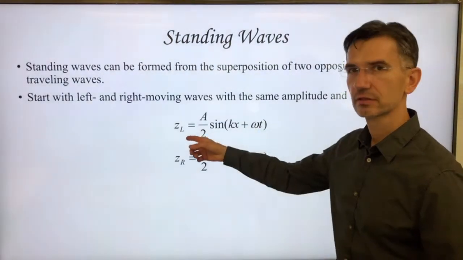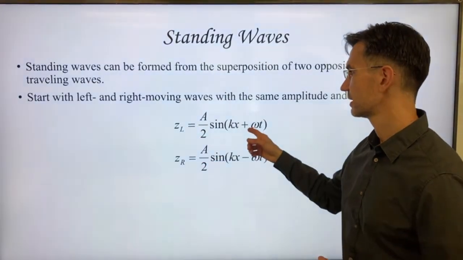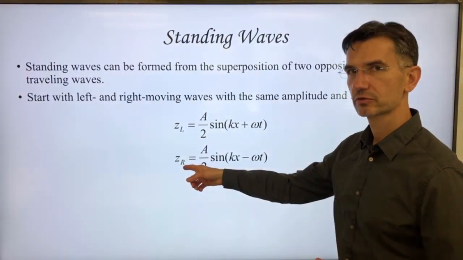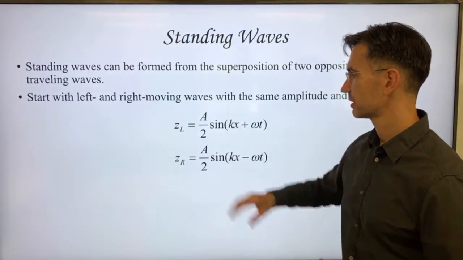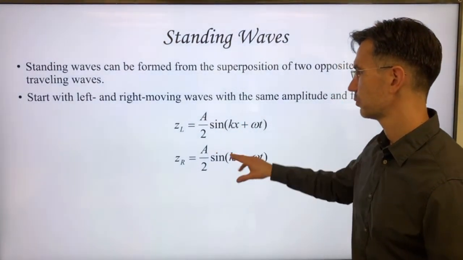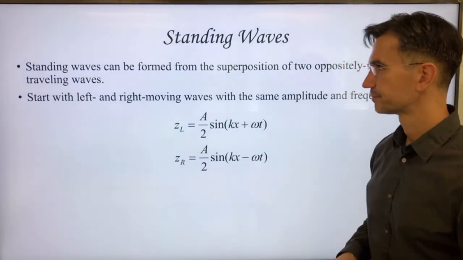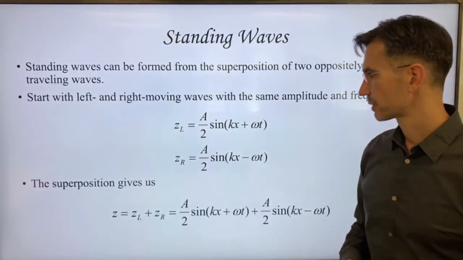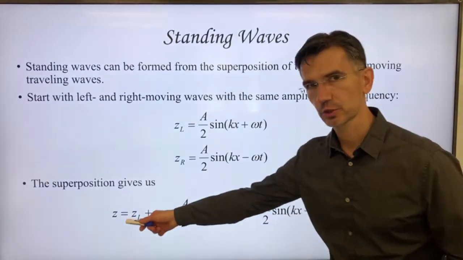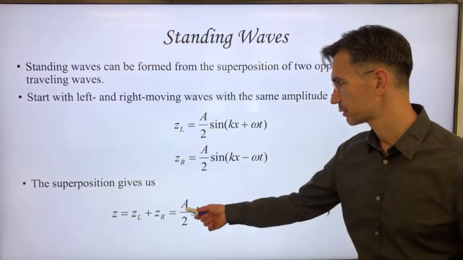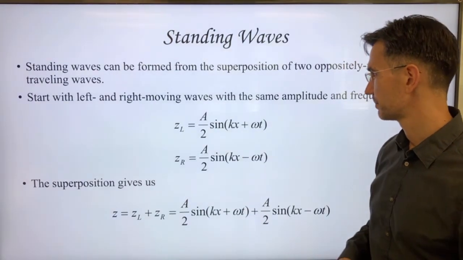So the leftwards traveling wave has a positive sign, and the rightwards traveling wave has a negative sign. And to get a standing wave, we want to have the same amplitude, same wavelength, same frequency. So when we superpose these, we get that the standing wave has an amplitude of A/2 as the individual.